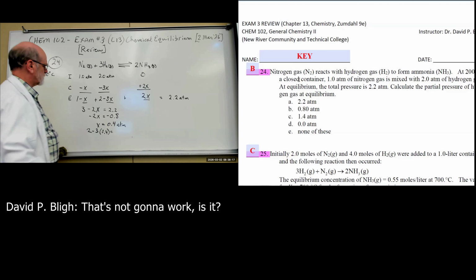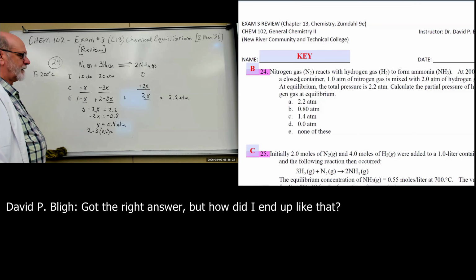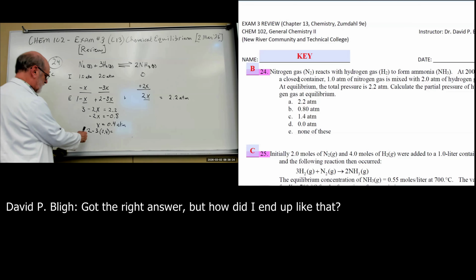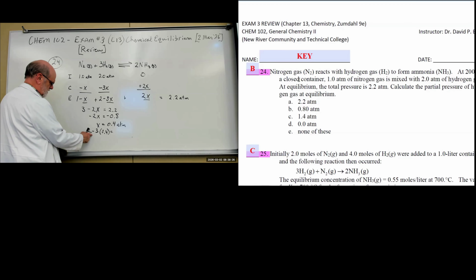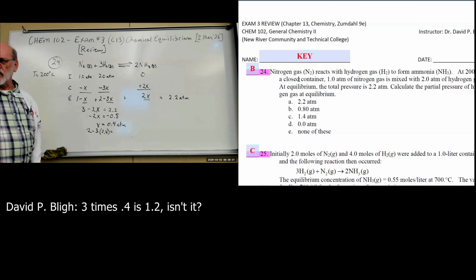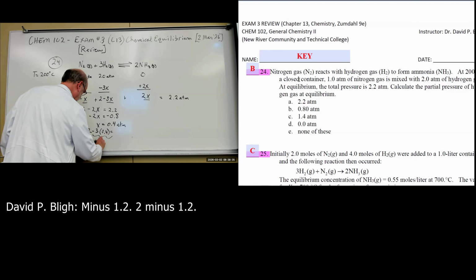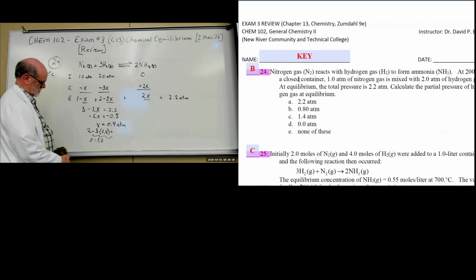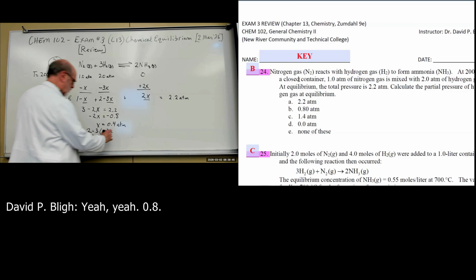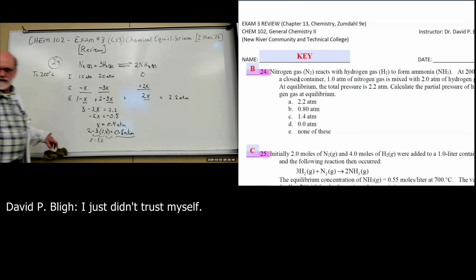Ooh, that's not going to work, is it? Got the right answer, but how did I end up like that? Oh, yeah. Okay, yeah. 3 times 0.4 is 1.2, isn't it? Minus 1.2. 2 minus 1.2. Yeah. 0.8. I did it right. I just didn't trust myself.